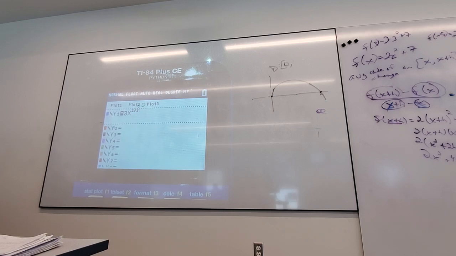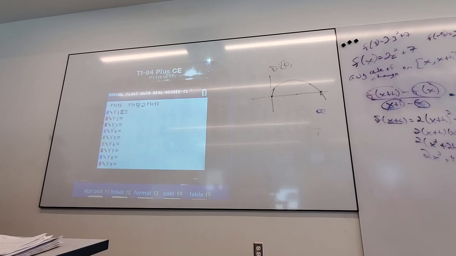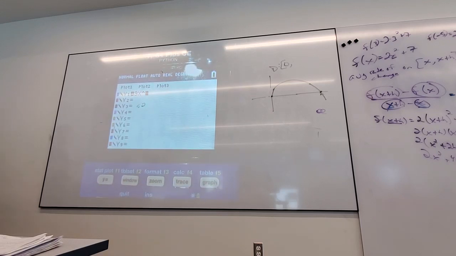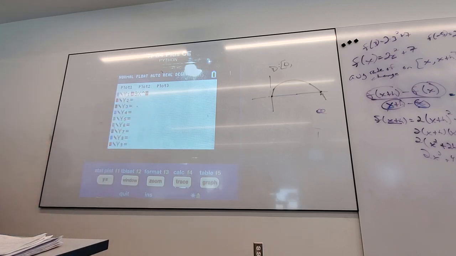If yours doesn't go up, let me see if we can make mine not go up. There you go. If yours looks like that, when you do the exponent, you've got to put 2/3 in parentheses.